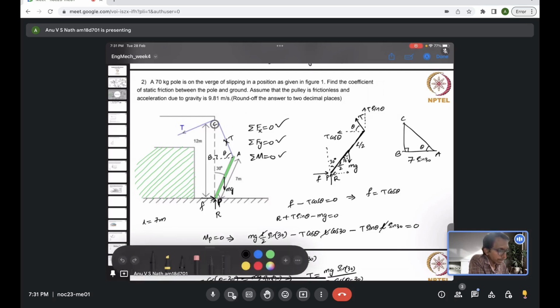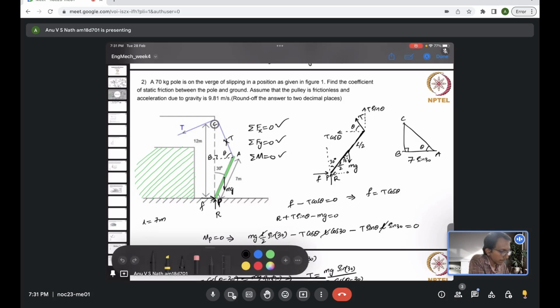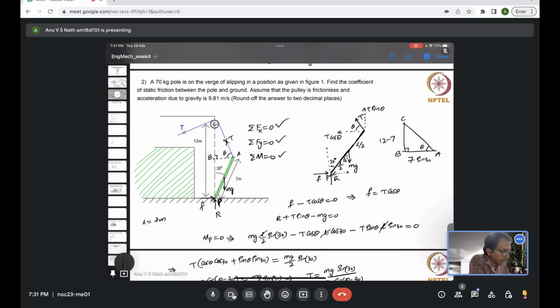So if we subtract from the 12 meter this projection of the pole along the vertical direction, that is 7 cos 30, that will be the distance BC. So BC will be just 12 minus 7 cos 30. So I hope that is clear. If it is not, please let me know.